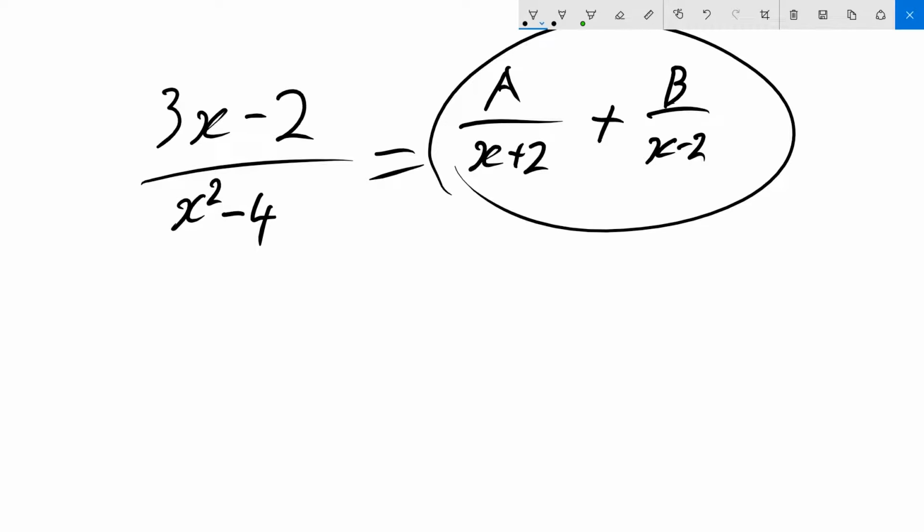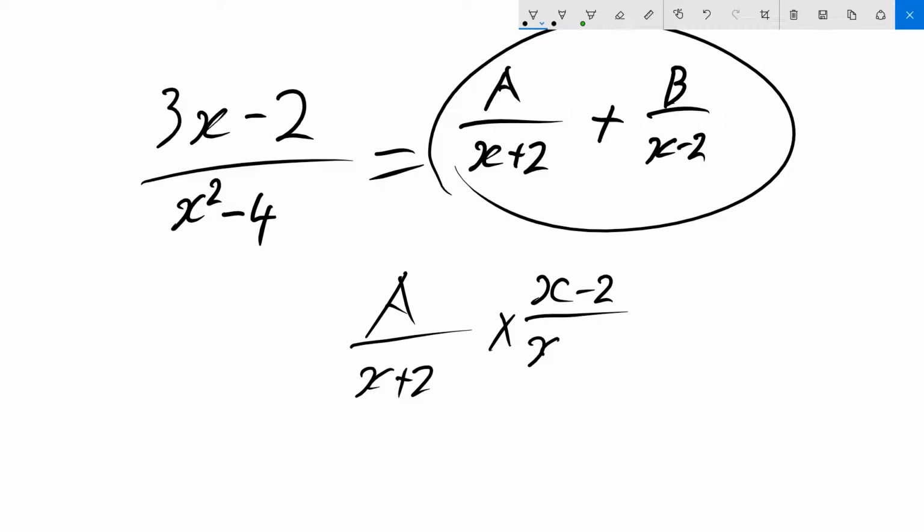So the way we do that is we times one fraction by one denominator and the other by the other denominator. So we get, I'm going to work on a first. So a times x minus 2 divided by x minus 2. I'll write that out actually. X plus 2 times x minus 2 divided by x minus 2.